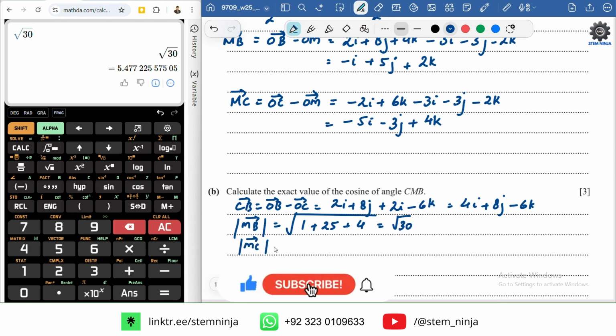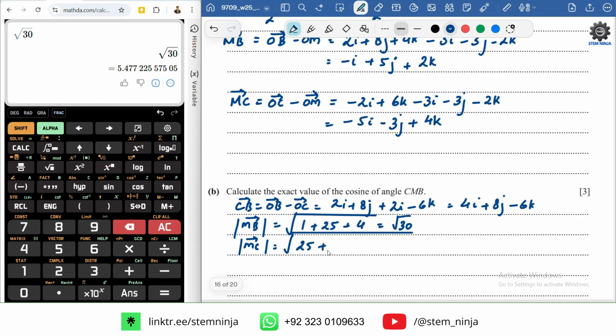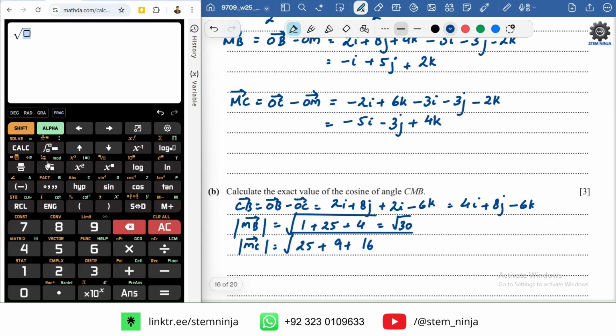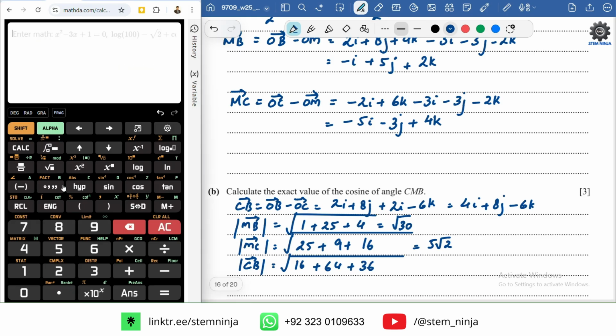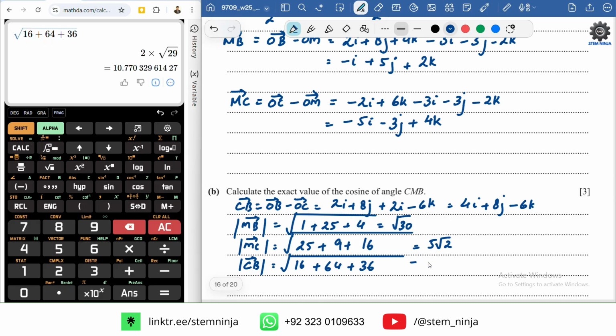Now MC, this is going to be 5 squared 25 plus 9 plus 16. 25 plus 9 plus 16, that is 5 root 2. Okay, now CB. 16 plus 64 plus 36 to root 29.